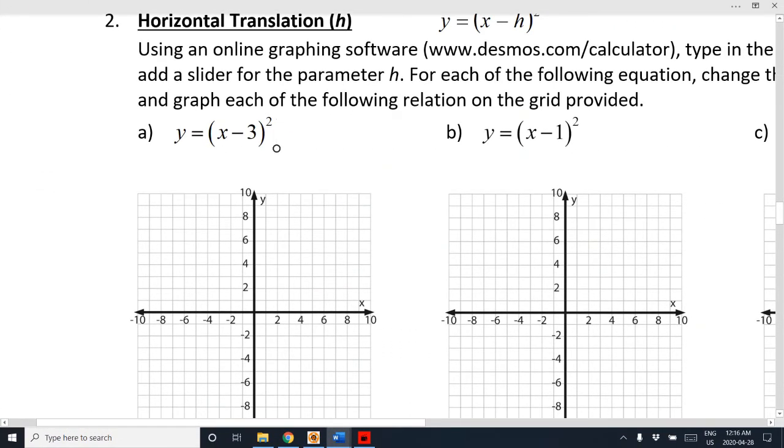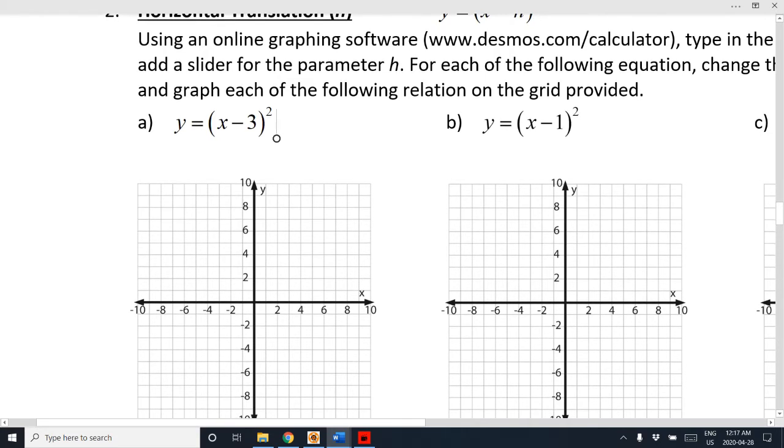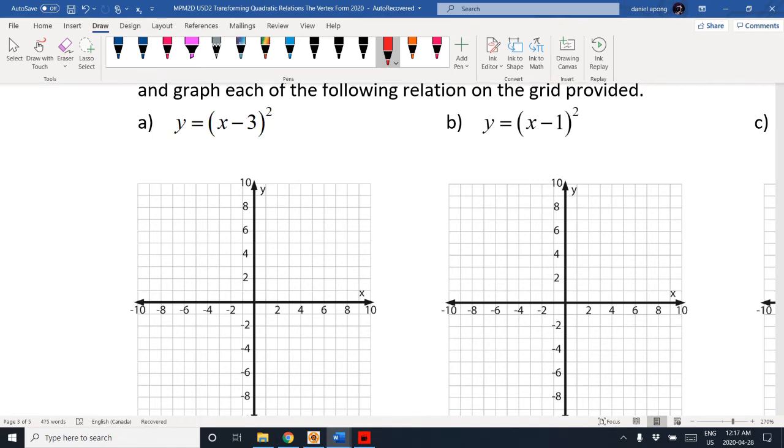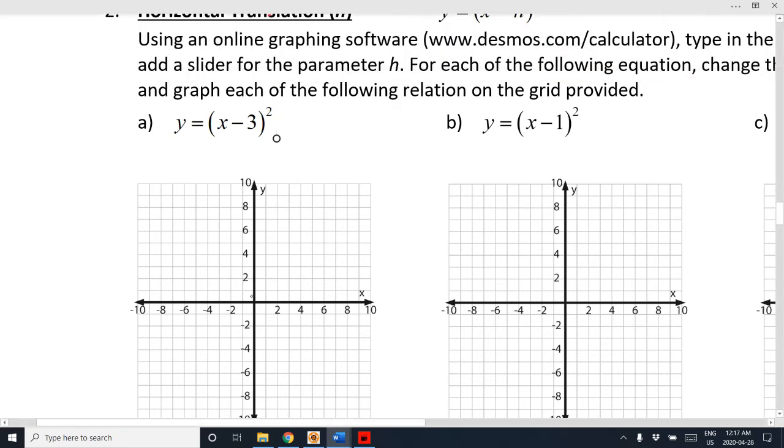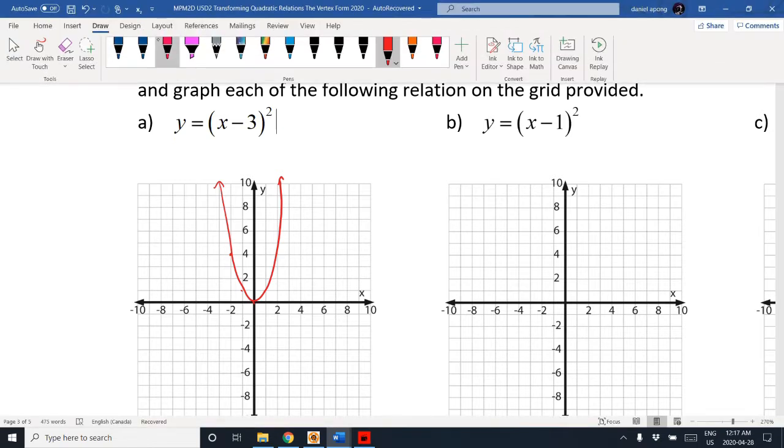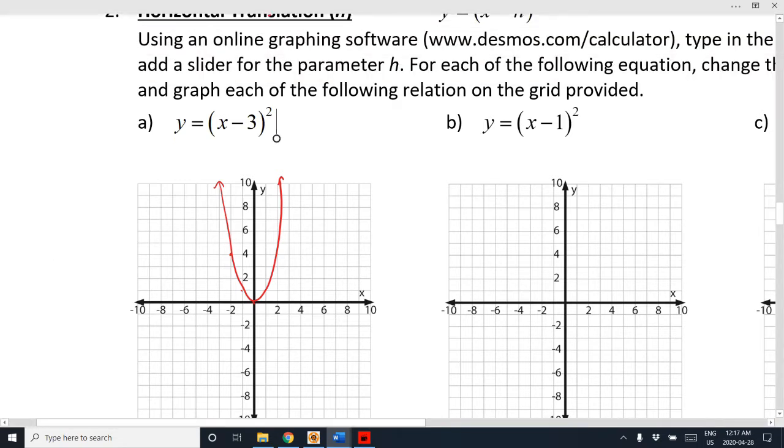You see h is actually equal to 3, and so let's take a look at what happens. So again, we're going to start with drawing our parent function. So we know -2, and it's going to be 4, -1 is 1, 0, 0, 1, 1, 2, and 4. Let's draw our parabola. And we saw that all the values moved to the right 3 units. So we're going to do that.